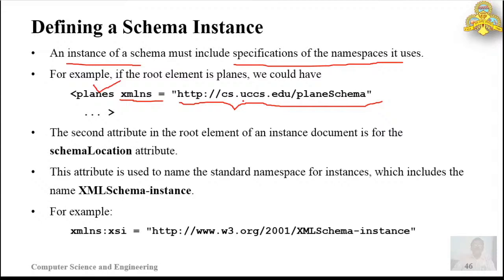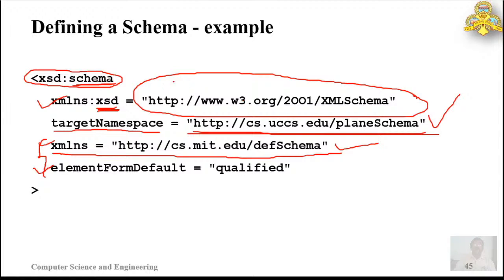So this URI is provided with the specification in the previous example, that is the target namespace, and this is explained. So XSD is declared here according to the XML schema definition.